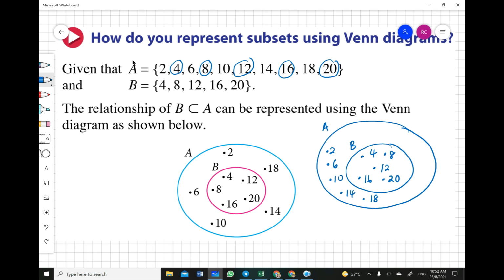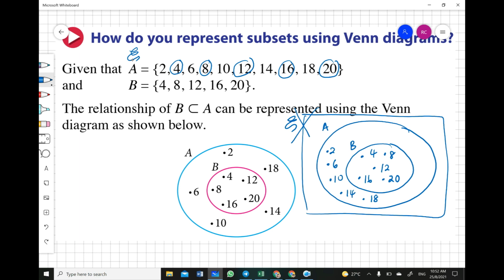Is there any universal set? No universal set, right? So if there is no universal set, we don't have to draw the rectangle. Unless they have a universal set, then you need to draw the rectangle with the universal symbol.